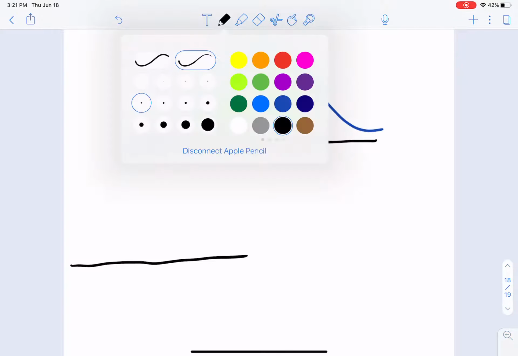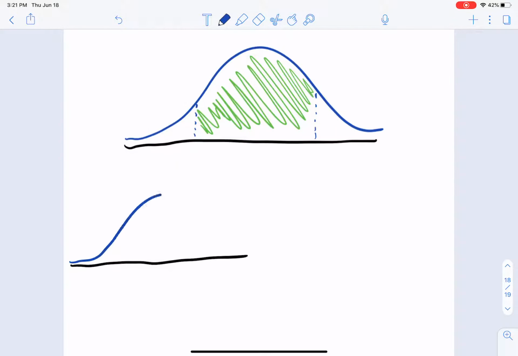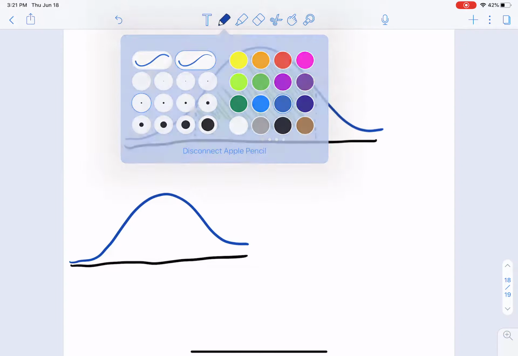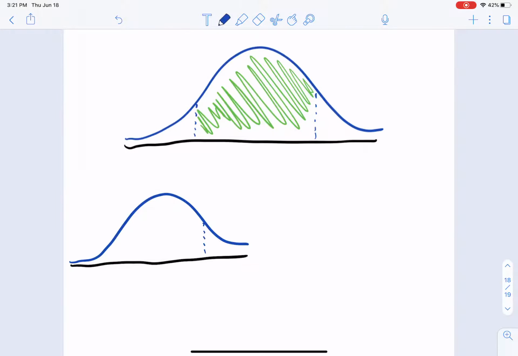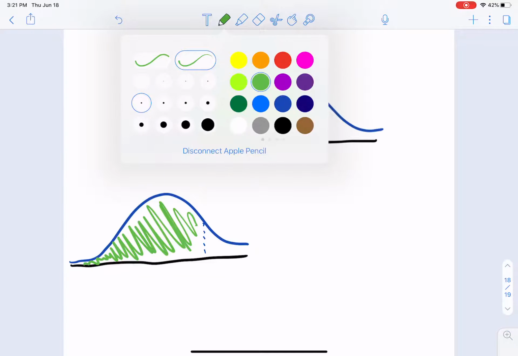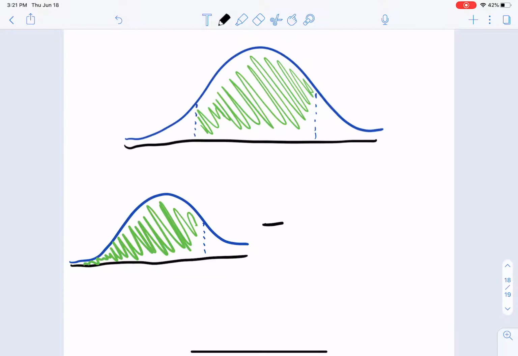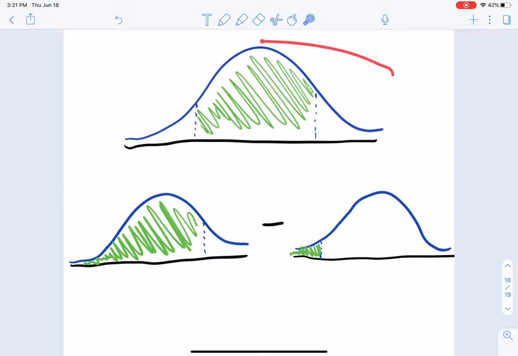If we calculated this area here, and then subtracted this area, we would get that area.